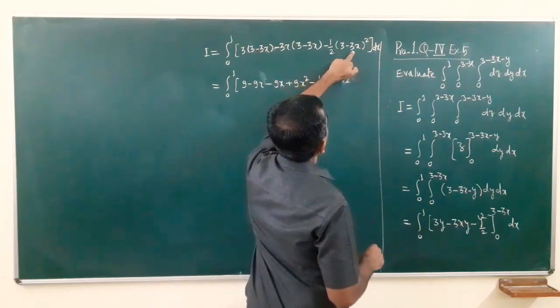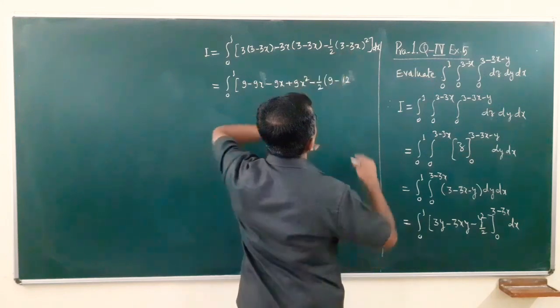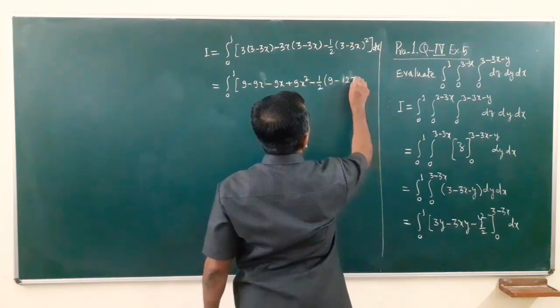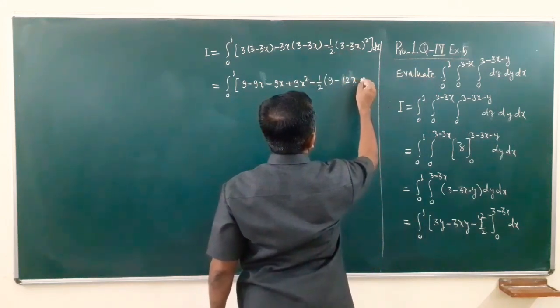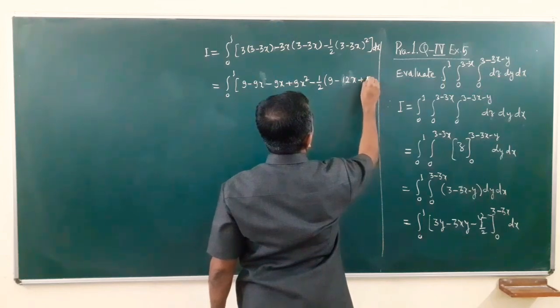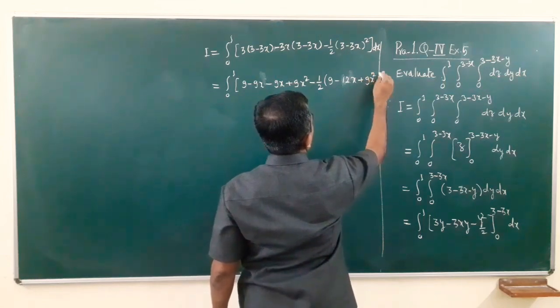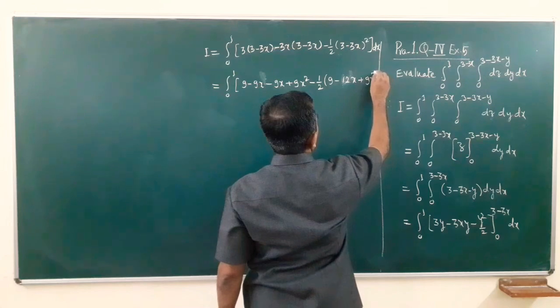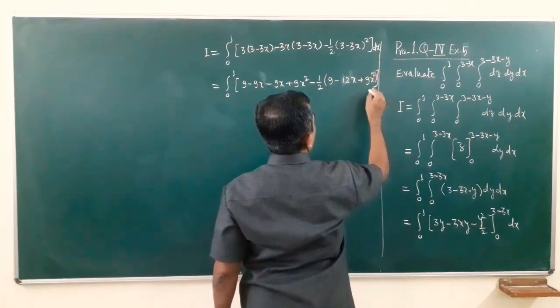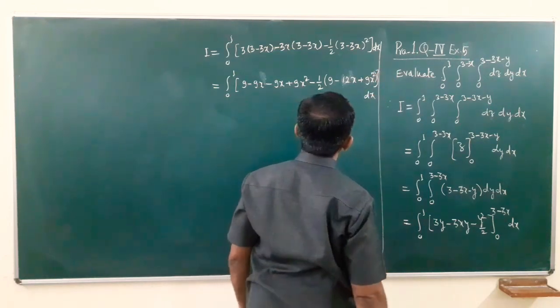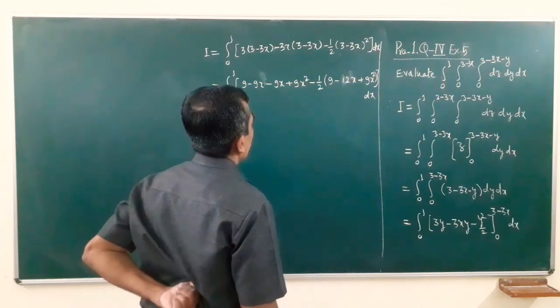Okay, so this is 9 and plus 9x square and with respect to x.